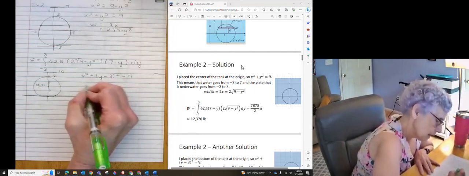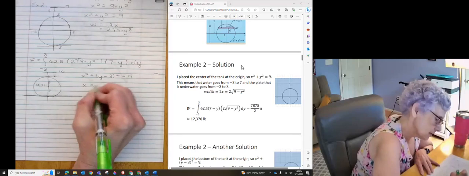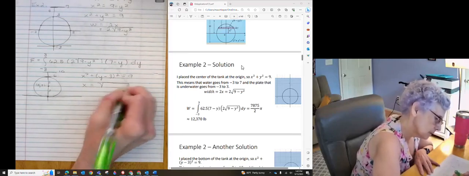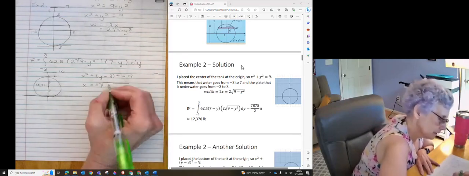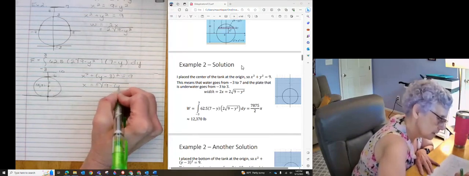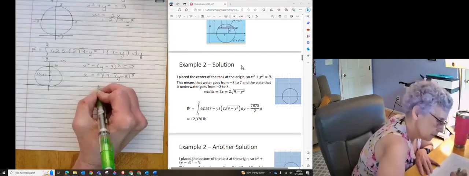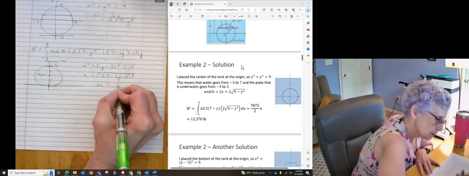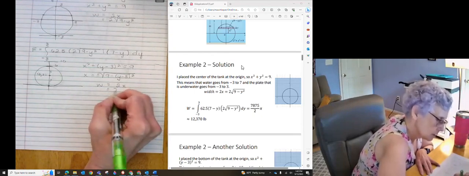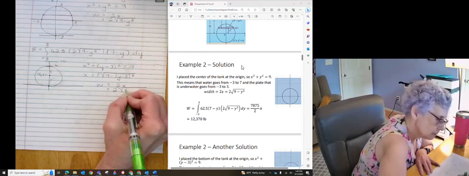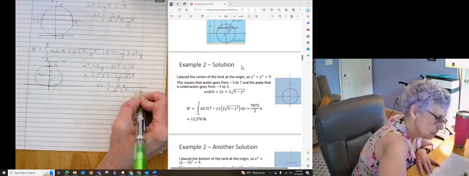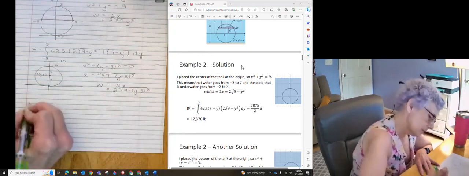So now we have that x is equal to plus or minus the square root of 9 minus y minus 3 squared. So width is still 2x, so it's 2 times the square root of 9 minus y minus 3 squared.